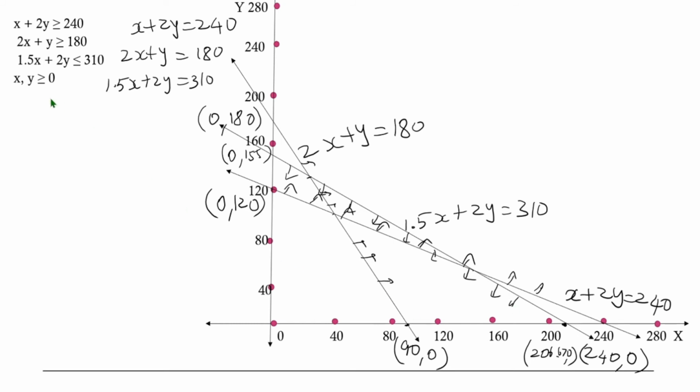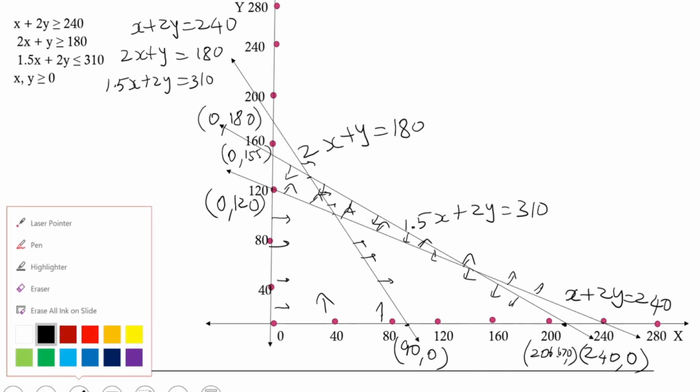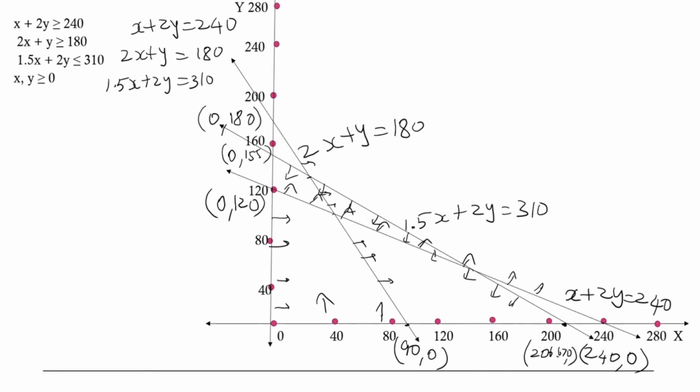The next constraints are x and y greater than or equal to 0. It is the positive side of the x and y axis. Now the region which is common to all these constraints or all these inequalities is this region. So this is the region which is common to all the inequalities.